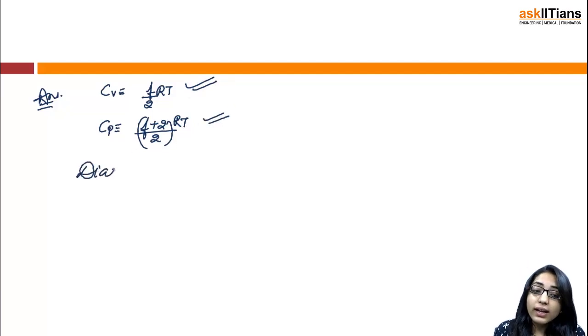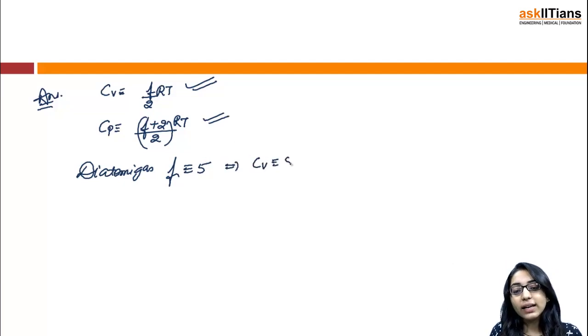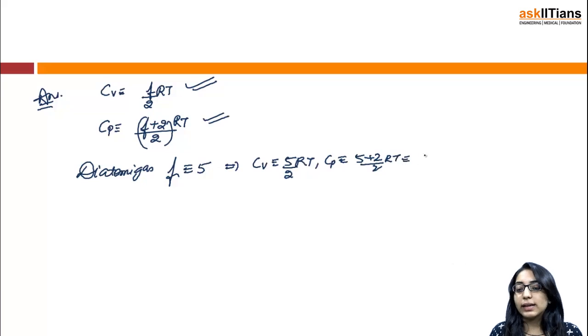Now for a diatomic gas, I can say the F value is 5. So the number of degrees of freedom for any diatomic gas is equal to 5. Now I can write CV as 5 by 2 RT, and CP as (5 plus 2) by 2 RT, that means 7 by 2 RT.